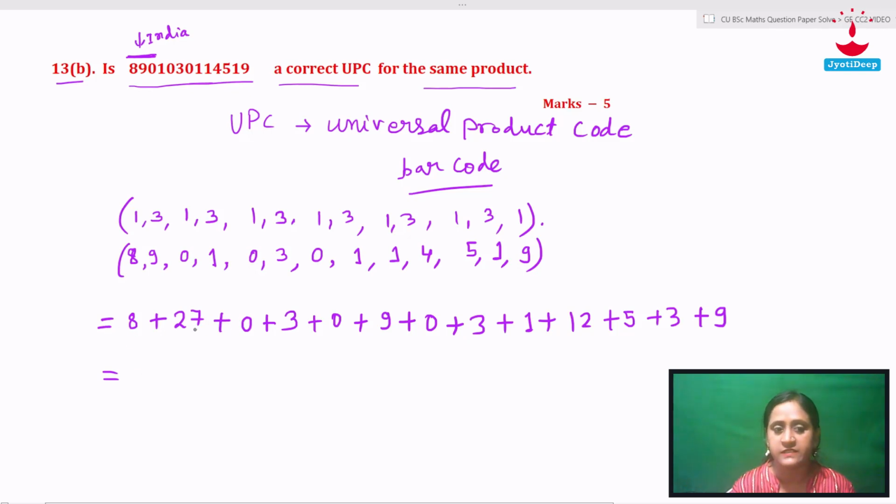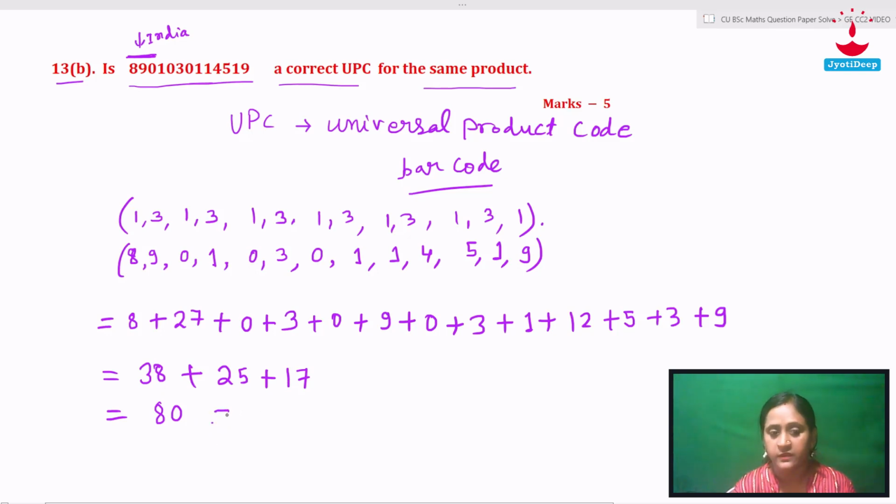27 plus 3 is 30, plus 8 is 38, plus 9 is 47... and so on, the total comes to 80.